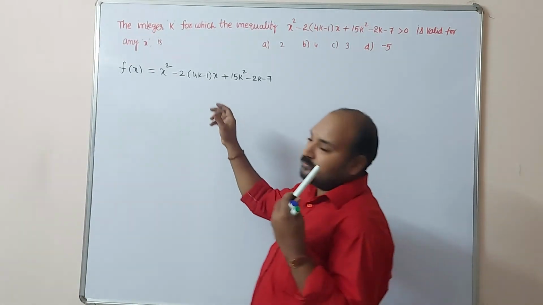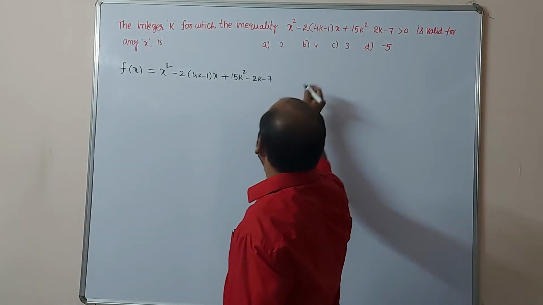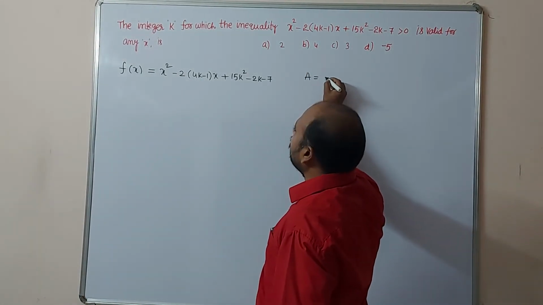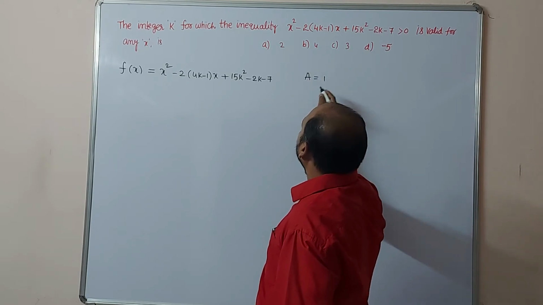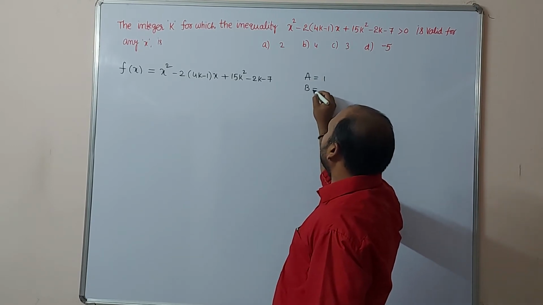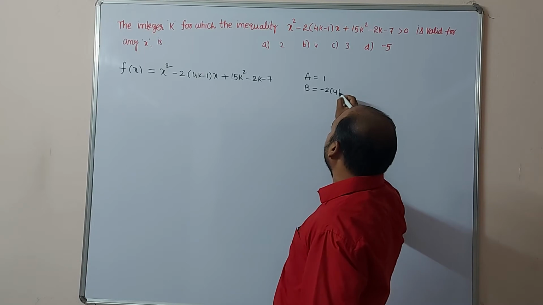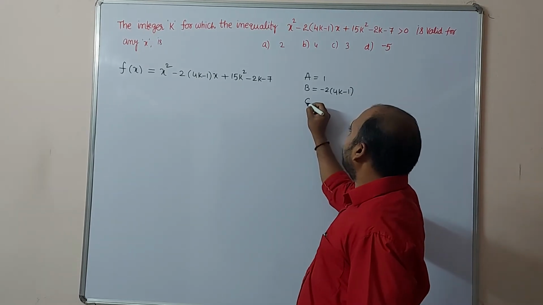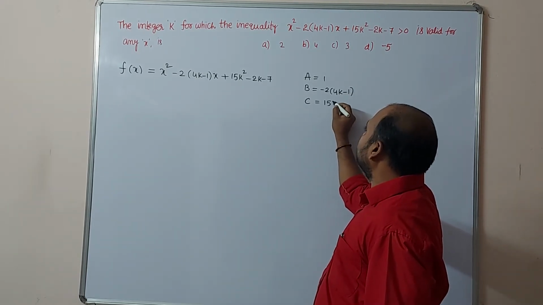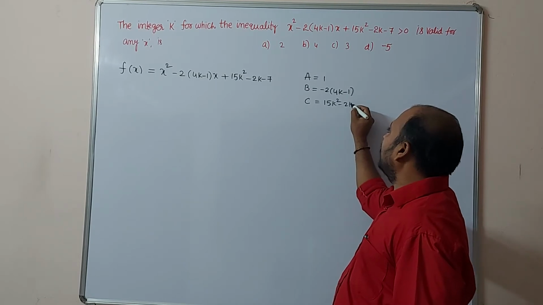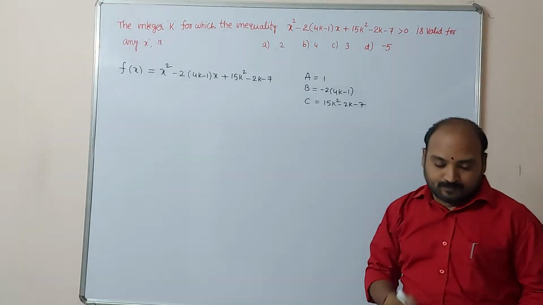Compared with ax square plus bx plus c, here capital A is equal to 1 and capital B equal to minus 2 into 4k minus 1 and C equal to 15k square minus 2k minus 7.